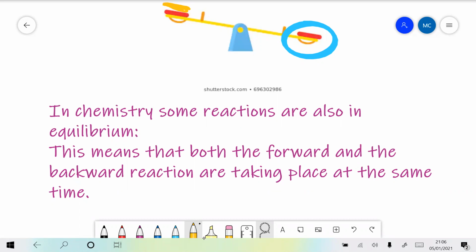If not, you can ask either in the comments below or through email and tell me, are these the reactions that you meant? I will be mentioning the two reactions that you would have probably done at O level. So feel free to stop the video, write the reactions that you think are in equilibrium, and then join us again once you're done.